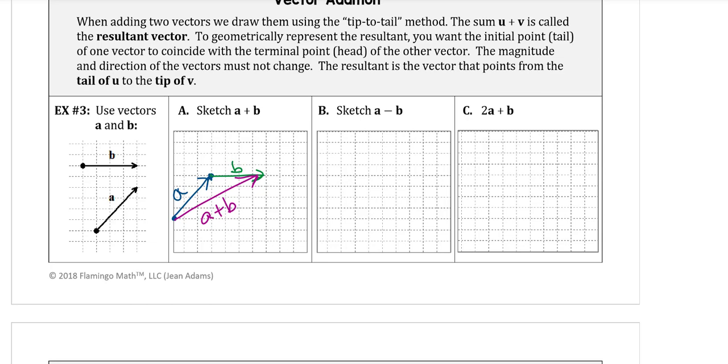Okay, A minus B, and I can move them wherever I want. So I'm going to move A a little bit here so it's more in the middle. It's still going to look exactly the same. So I'm going to go up 4 and over 3.